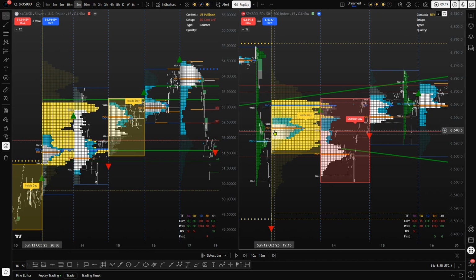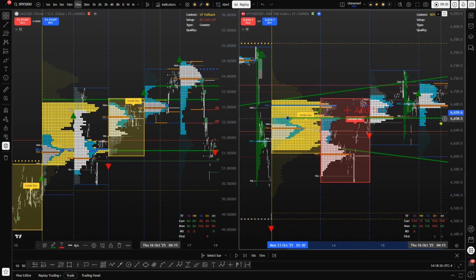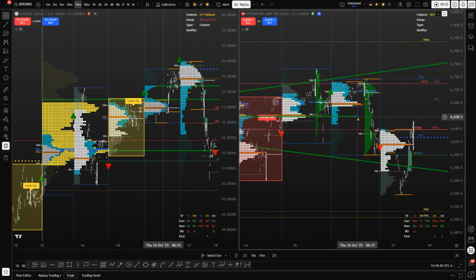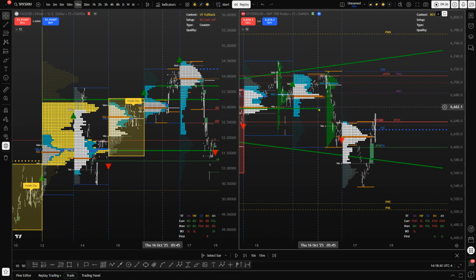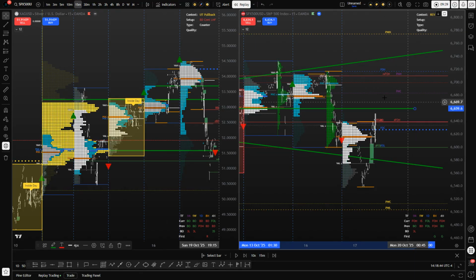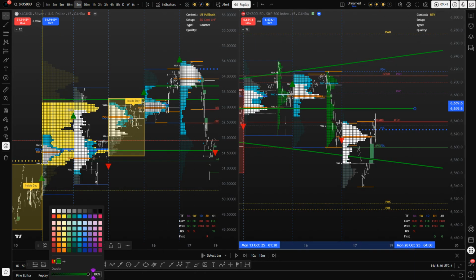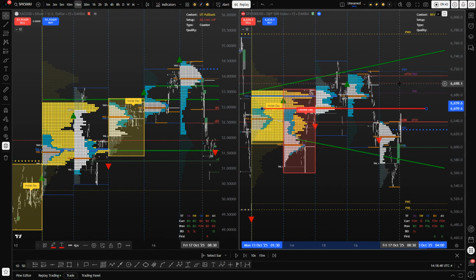Okay, but we've got the high volume node here. So if we pull that across as a potential resistance, let's have a look over here. Bear with me. There we go. Mark that red for resistance. Okay.